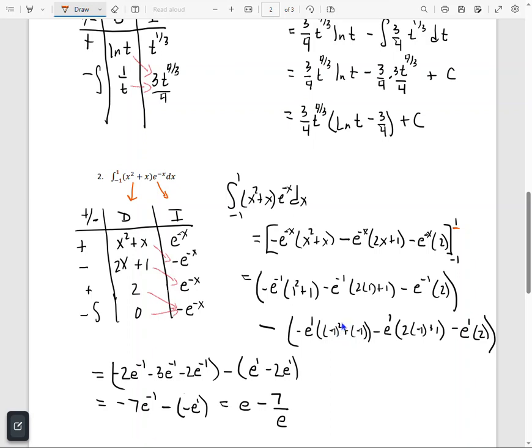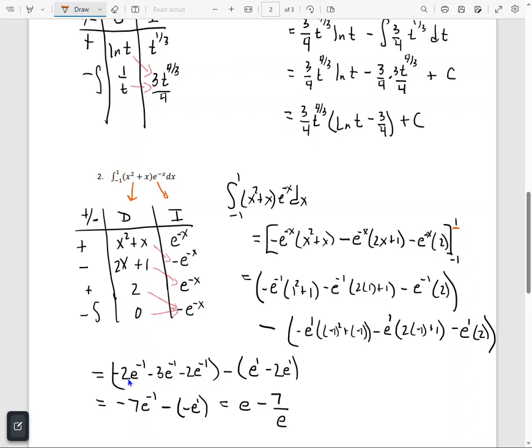Here we have negative 1 squared is 1. 1 plus a negative 1 is 0, so this cancels out. Negative 2 plus 1 is a negative 1. A negative 1 times a negative e makes a positive e. Right? The two negatives here. We'd still have the negative out in front. And here we have a minus 2e.